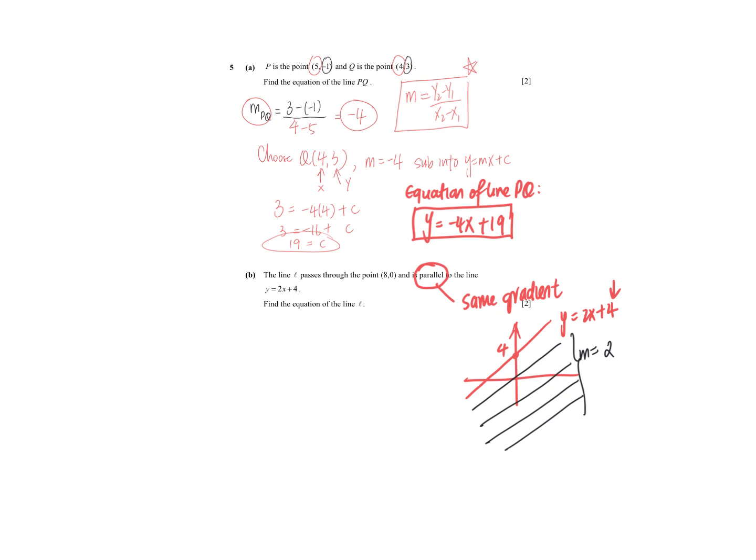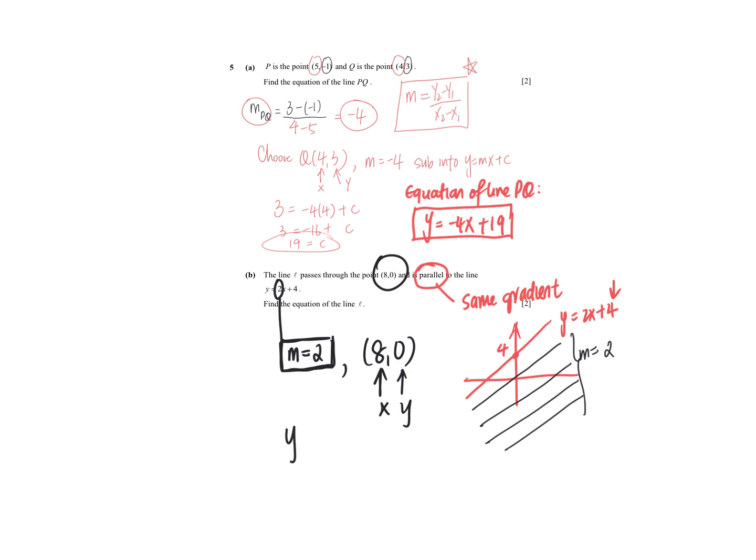I just need to find out what's the y-intercept. So straight away, there's no need for you to find the gradient anymore. The gradient is just this. Once you can recognize this, half of the problem is solved. You only need to use the point. So you see your point and your gradient, then you can find your equation already.